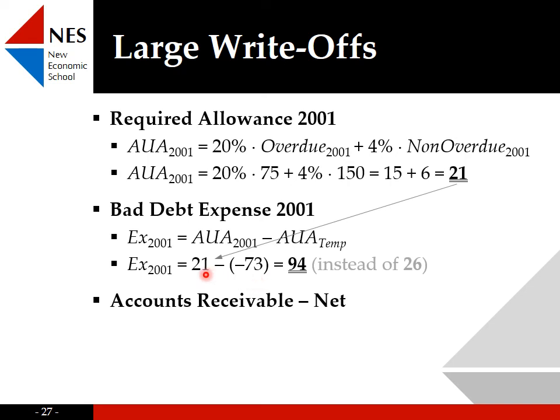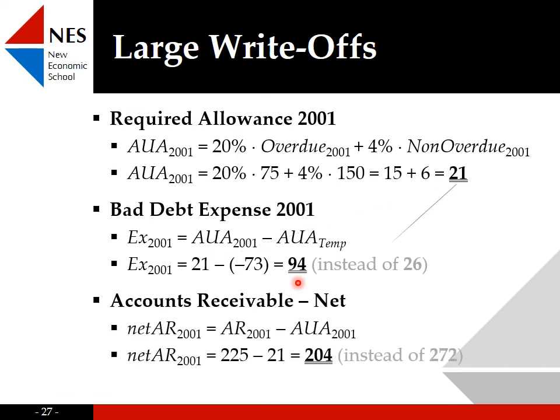So in fact, we will need to recognize bad debt expense of 21 minus 73 plus 73, 96. Initially it was only 26. The huge difference is due to the large write-offs we had to do in 2001.